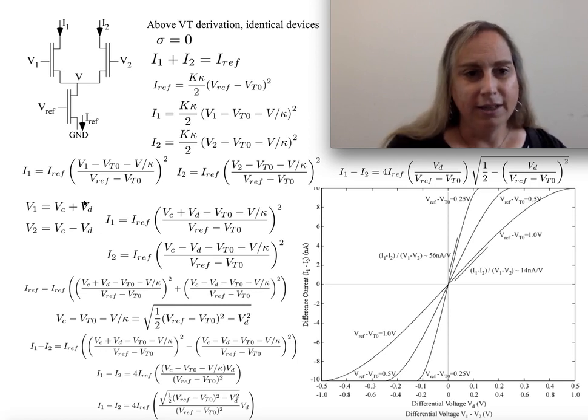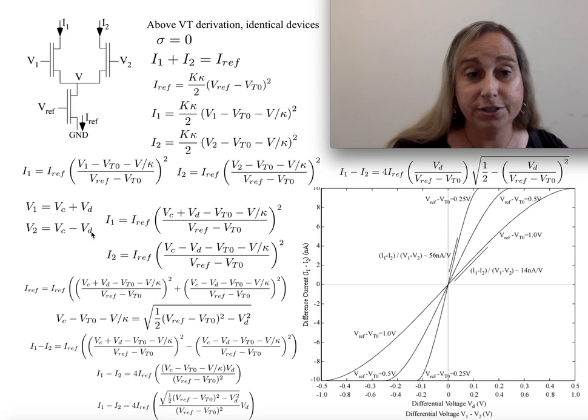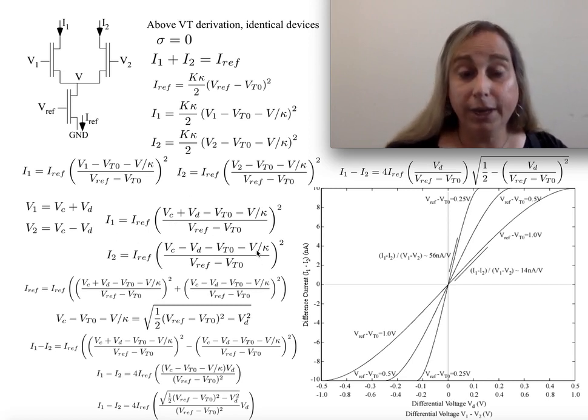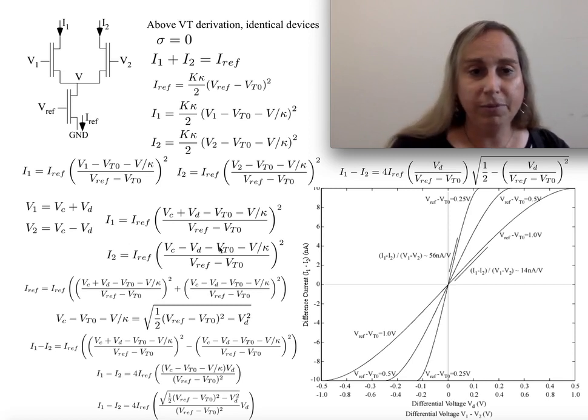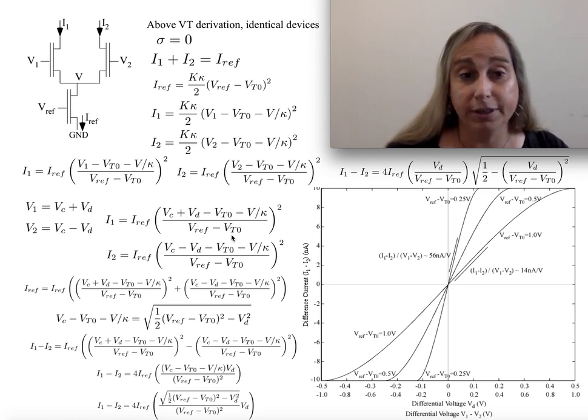Doing it means I can make V1 and V2 equal to these sum and difference terms, and plug that into the expressions, and you go, okay, that just got a little more complicated, but it's fine. Remember, Vref is fixed, Vt0 is a known quantity. Nothing too shocking there. Kappa is a known quantity. So just keeping in mind what is important.